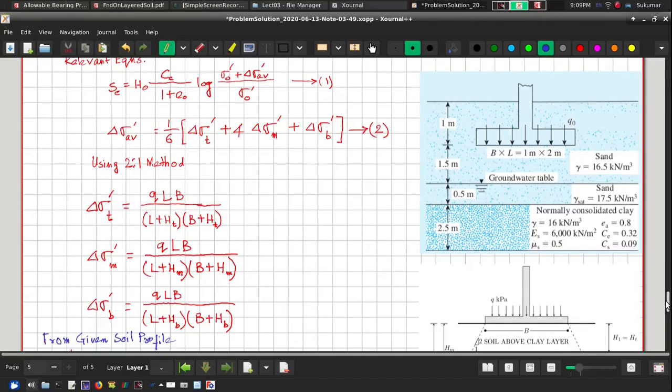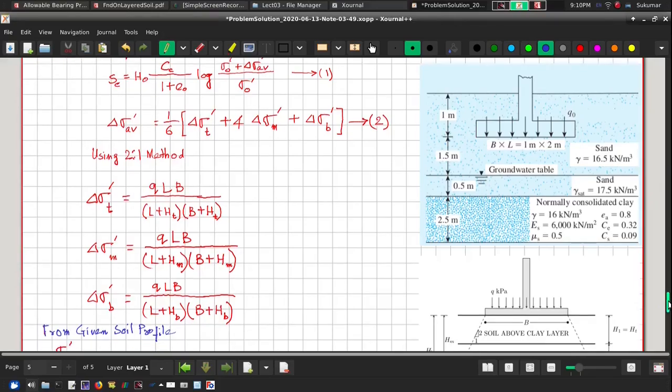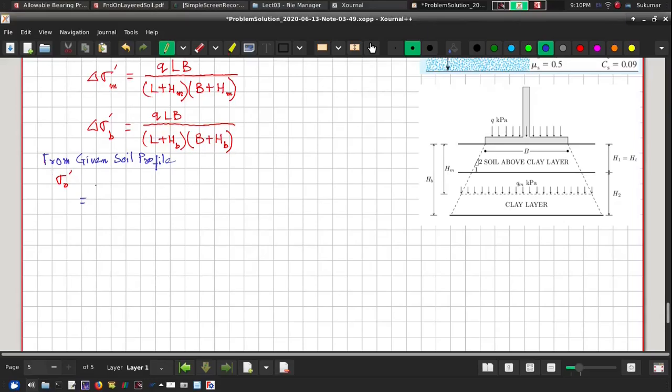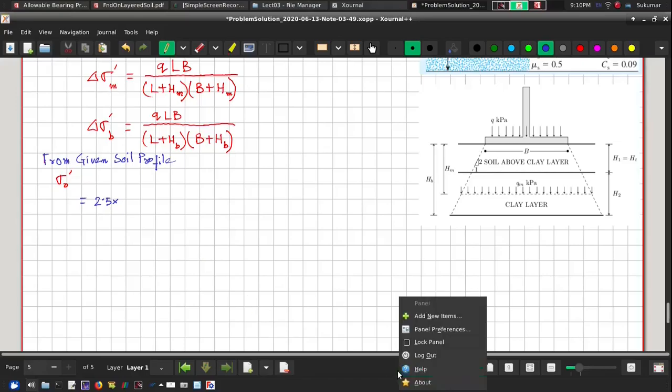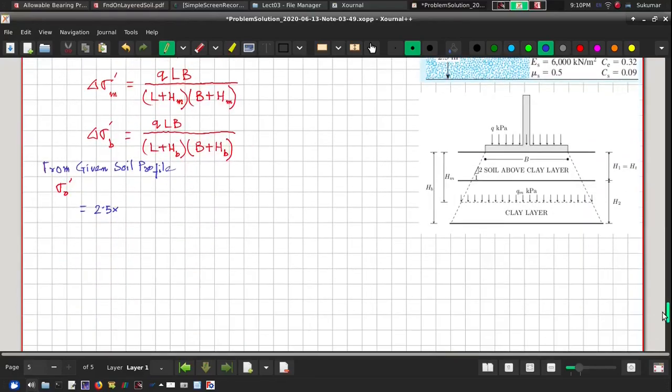Effective stress before construction is 2.5 meter into 16.5 for the layer above the groundwater table, right? So 2.5 into 16.5, am I correct? 16.5, yes.